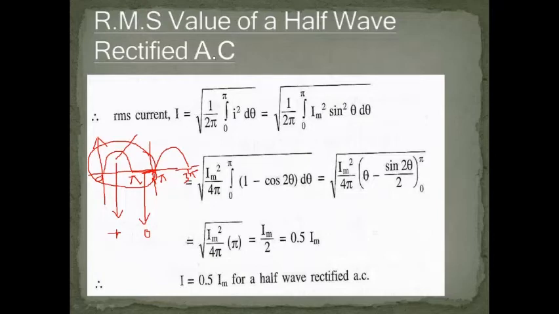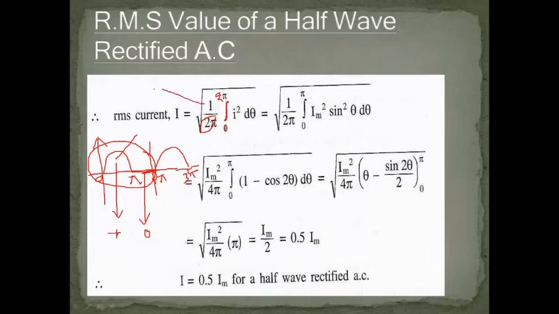So now we are writing the RMS value for the current. I is equal to the square root of 1 upon 2 pi, integrate 0 to 2 pi of I square d theta.